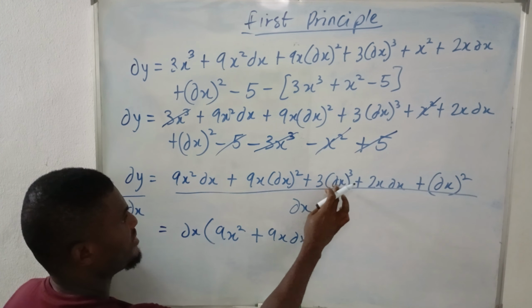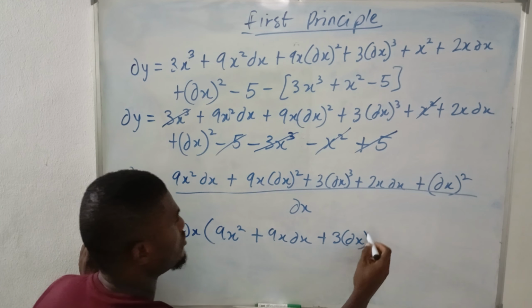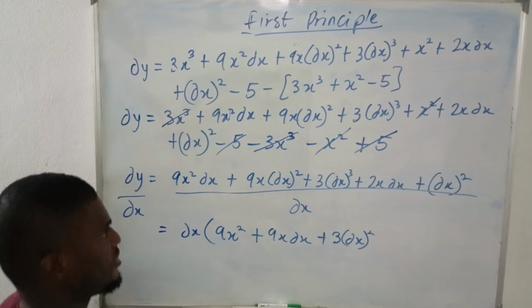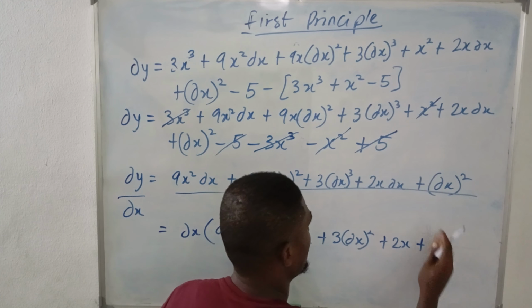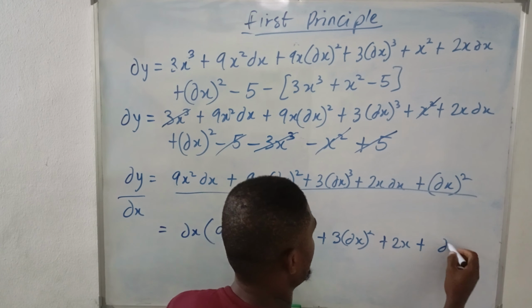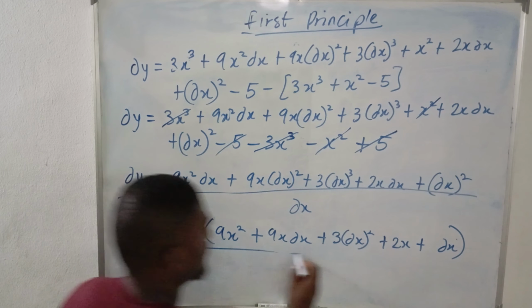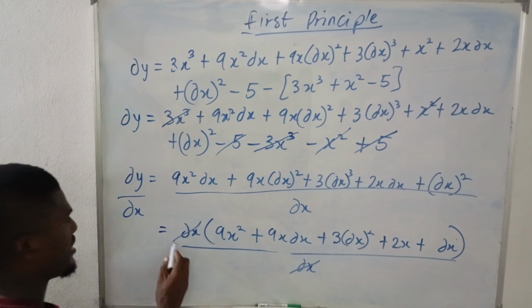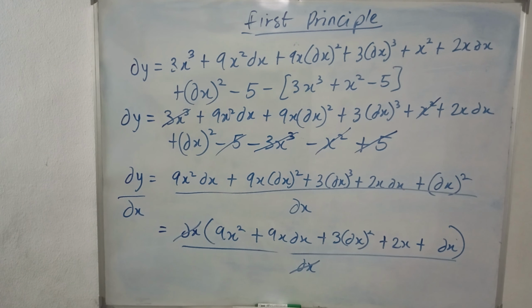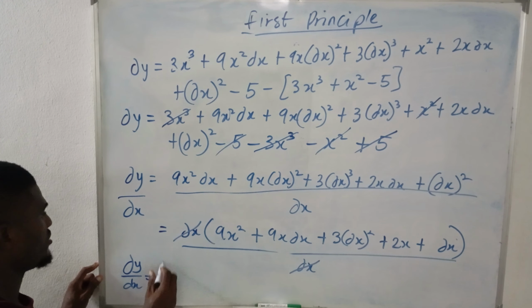Now this is 3dx cubed, so if you take out one, that should be 3 and dx squared, one is out. At this point, if you take out the dx, you are left with 2x. If you take out the dx here, you are left with dx. All divided by dx. Now the dx here will cancel the dx on the numerator. When you're done with that, you now have your dy/dx.